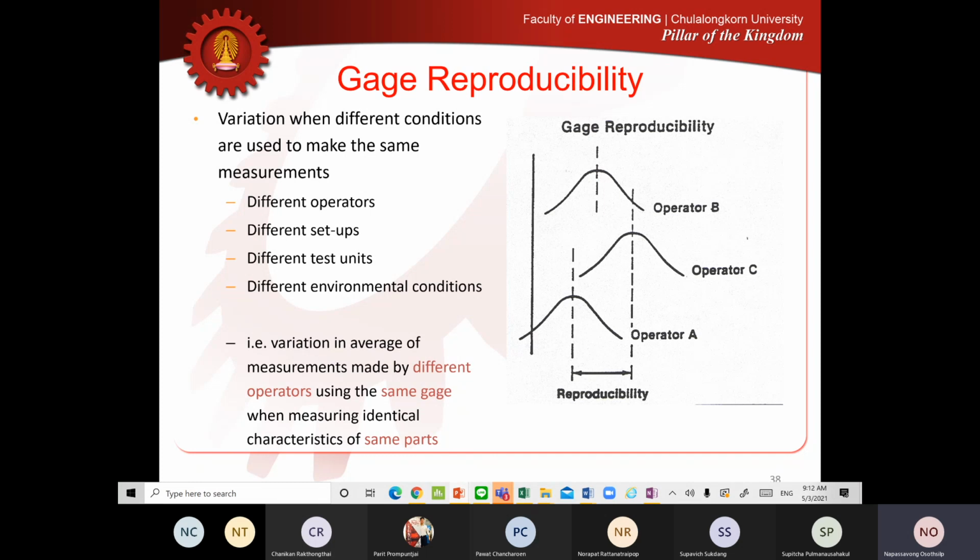The same goes for different environmental conditions, so that we can see how sensitive the measurements are to different operators, environmental conditions, and setups for measuring parts. But mainly we want to appraise the variation regarding the operators.